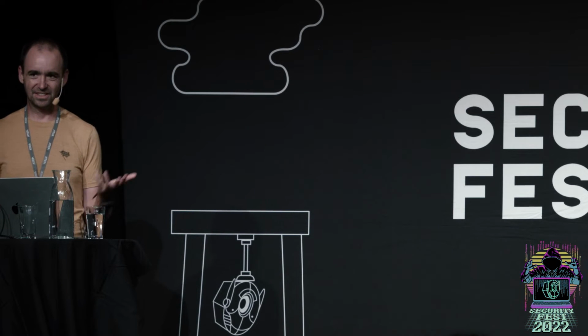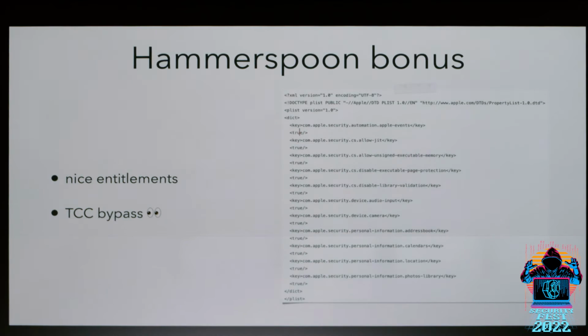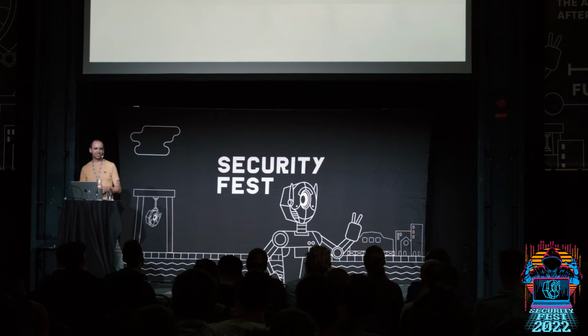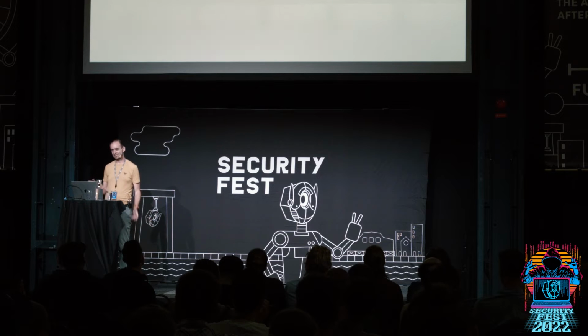So it's like a TCC bypass at the same time. Detection, again, it's very simple. Well, first of all, monitor for the change of this file, and also some weird child processes of Hammerspoon.